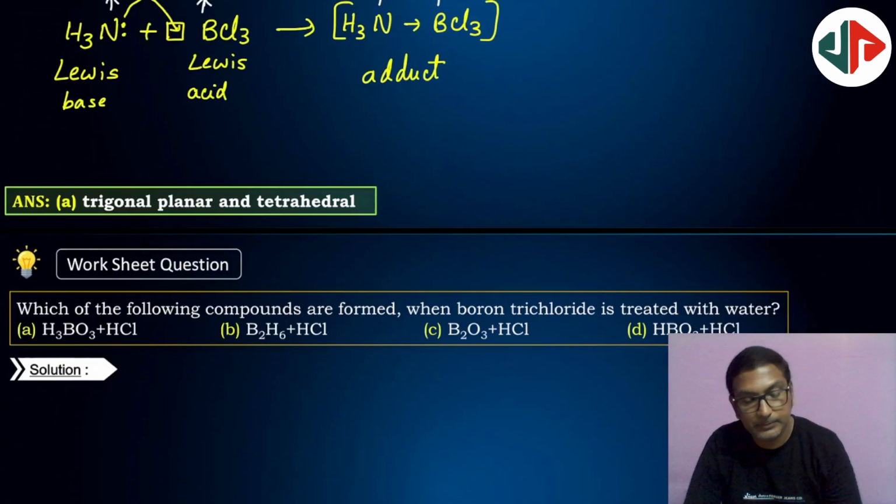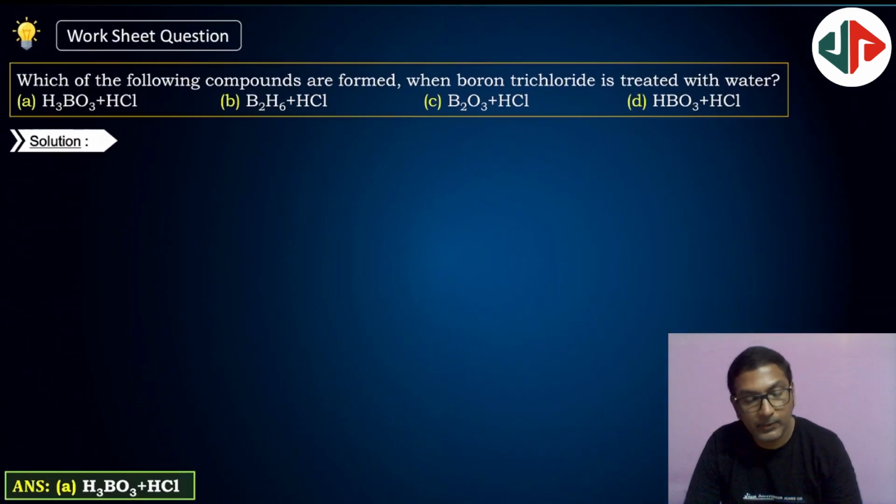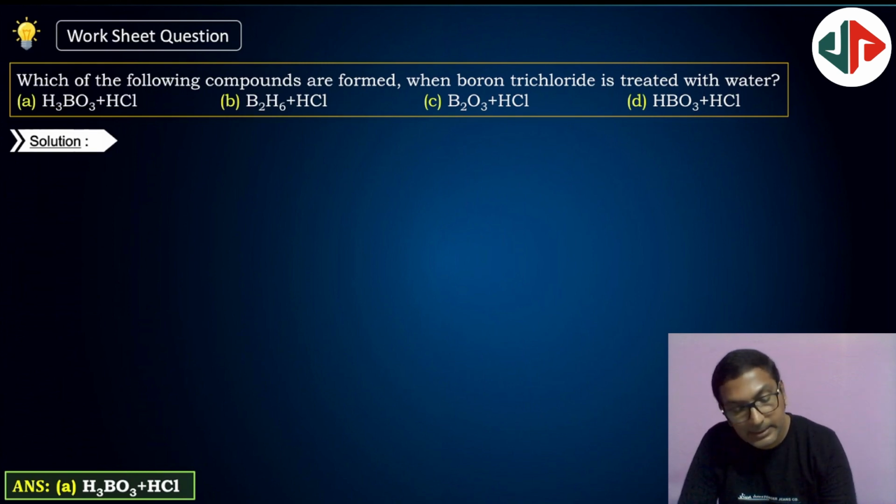Next. Which of the following compounds are formed when boron trichloride is treated with water? Simple question. Boron trichloride means BCl3 treated with water. It is a direct NCERT question.